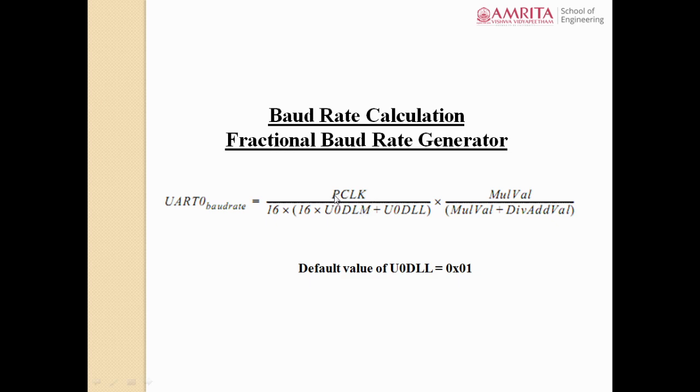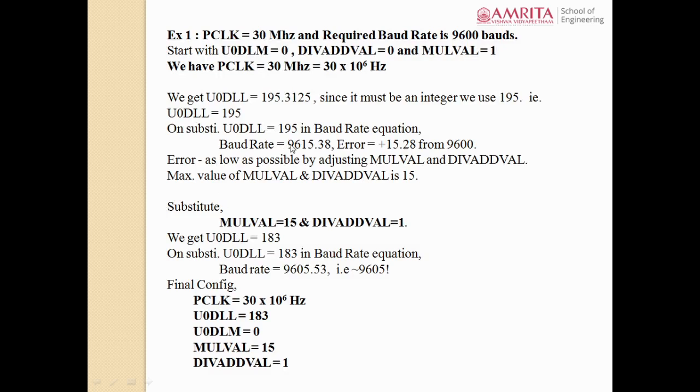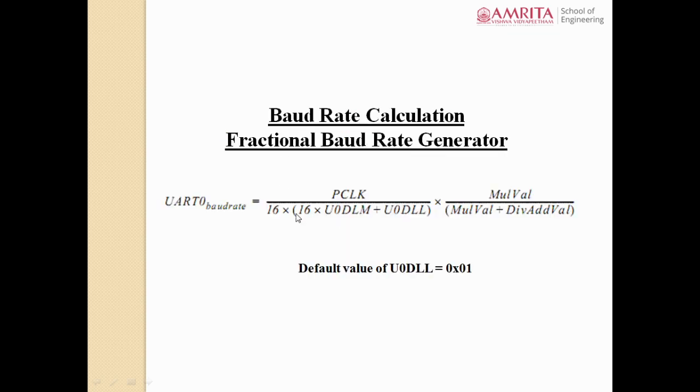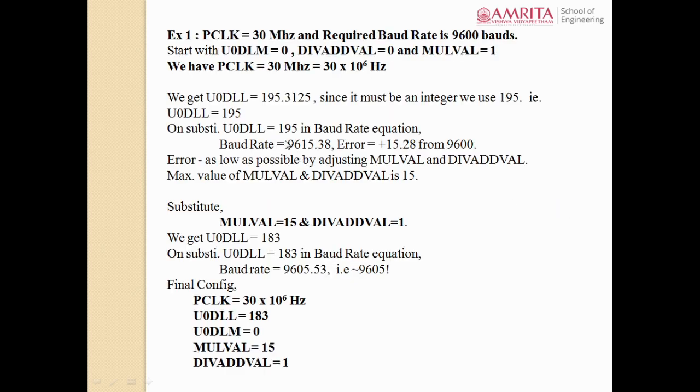PCLK is 30 MHz, DLM is 0, this term is 1, and U0 DLL I am substituting with 195. So when you are substituting all this value, you will be getting back the baud rate as 9615.38.